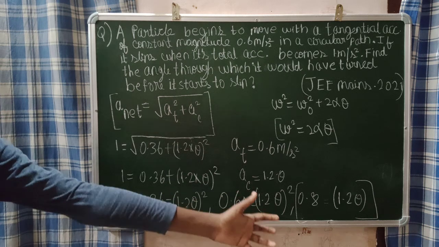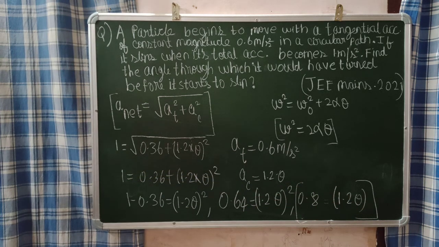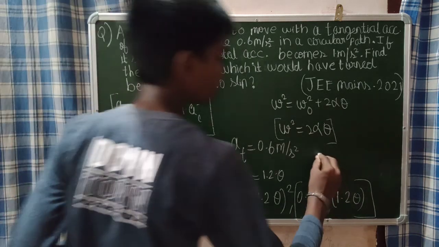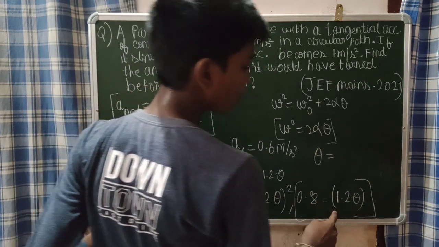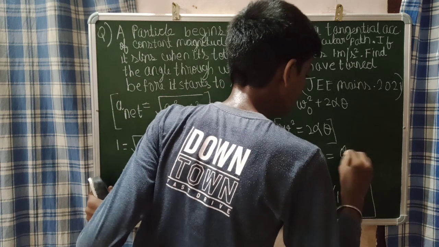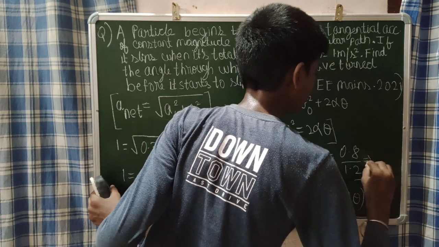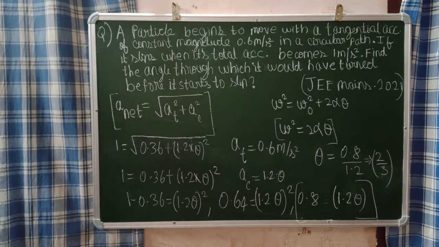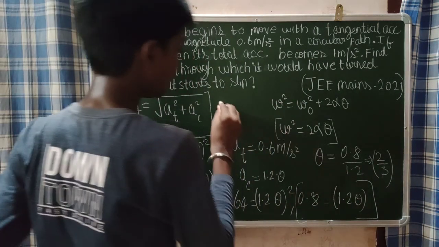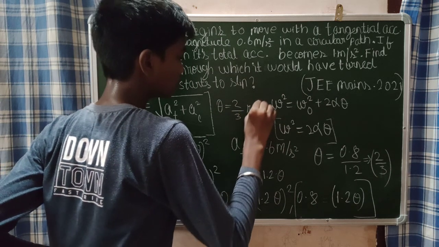As I have a square root, I can directly write the base. Now we are supposed to find the value of theta, which is what the question asks. So 0.8 is equal to 1.2 theta, meaning theta will be 0.8 by 1.2, which is 2 by 3. It is in radians, not degrees. So your theta is equal to 2 by 3 radians.